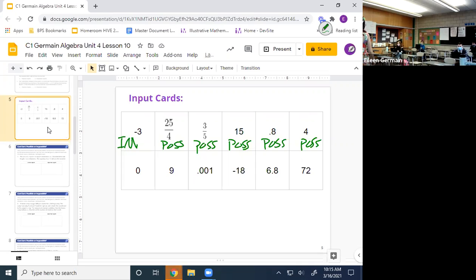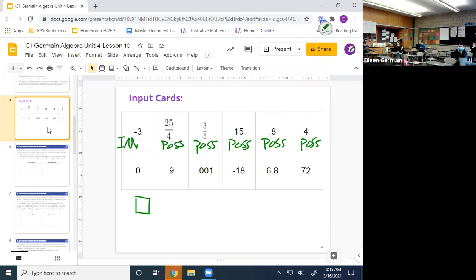Let's think logically. Can we have a side length of 0 in this scenario? We can, in theory, have a side length of 0. It would create a square that is non-existent, but it is a possible scenario here.